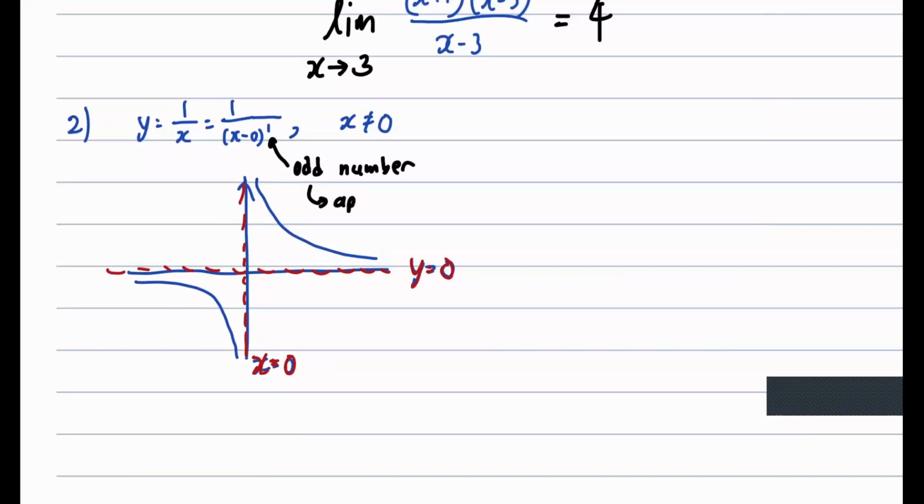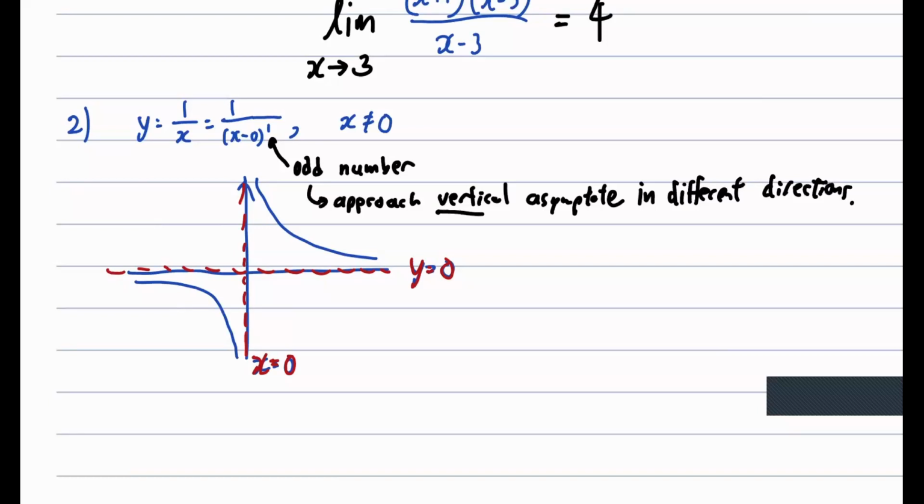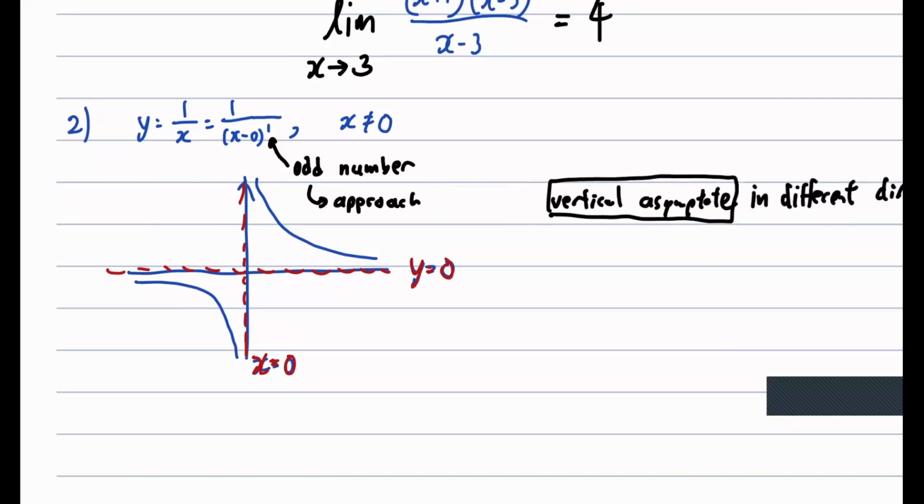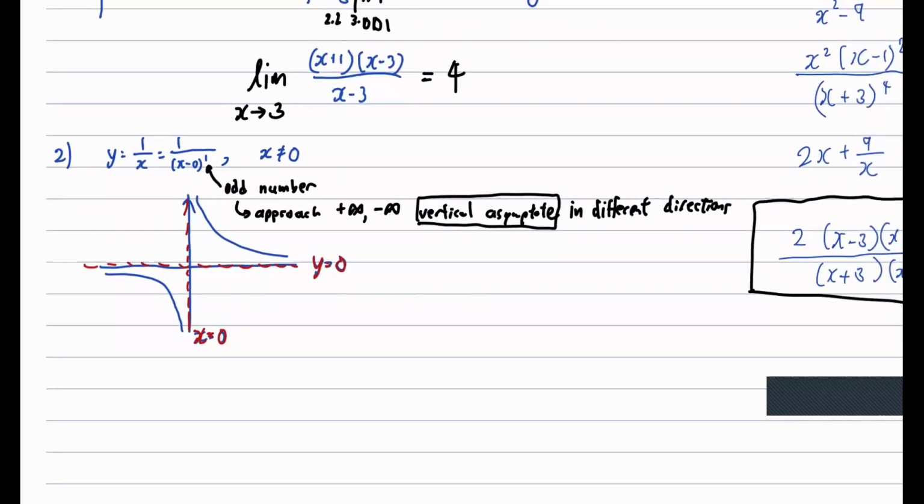Then they approach the vertical asymptote in different directions, or more like they approach positive infinity and negative infinity of the vertical asymptote in different directions.